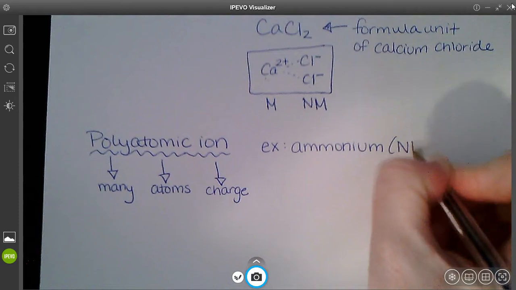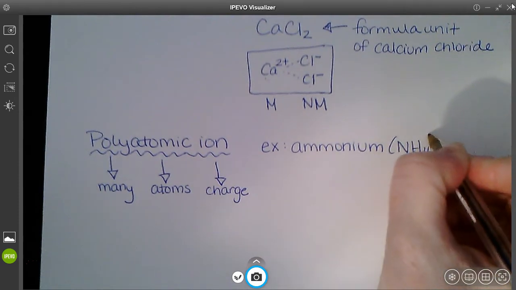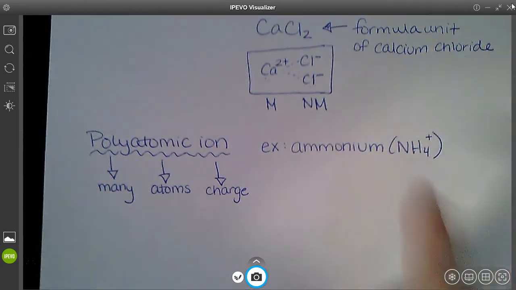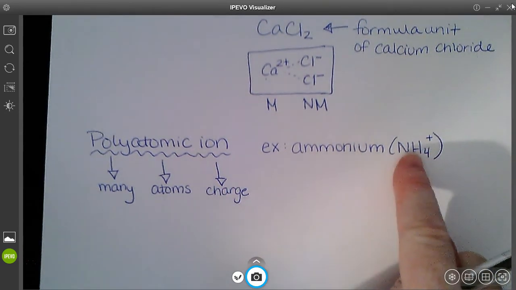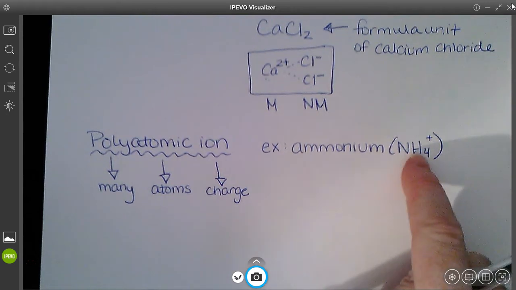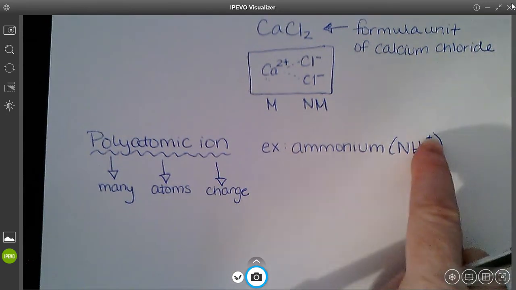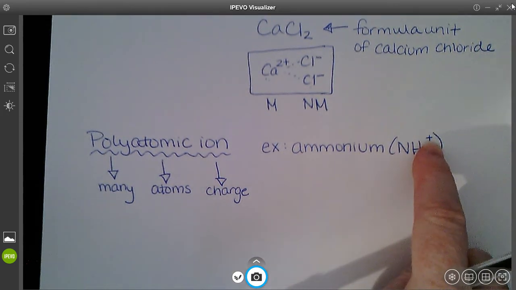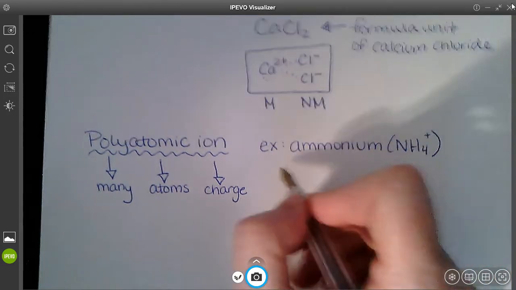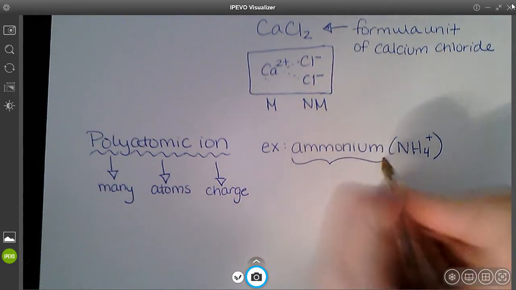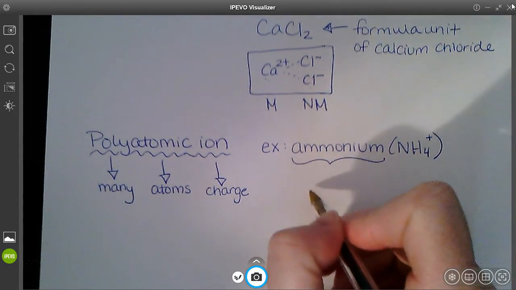Ammonium is NH4, but overall it has a positive charge. So it's a bunch of nonmetals that are covalently bonded together, but overall it has a deficiency of electrons because it's positive. If it was negative, it would have extra electrons. So ammonium is an example of a polyatomic ion.